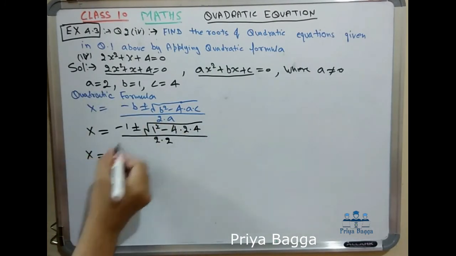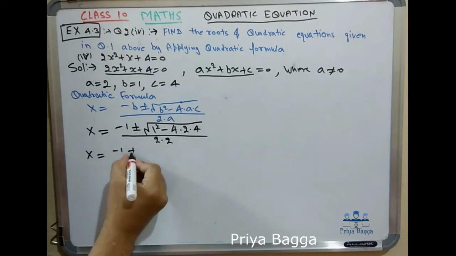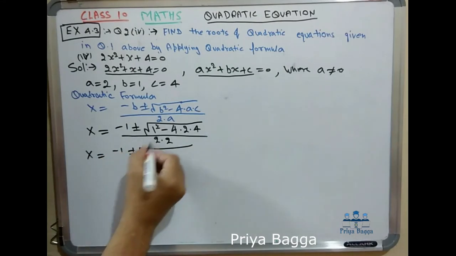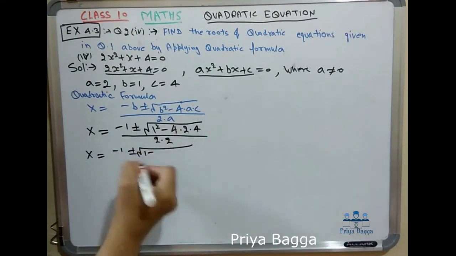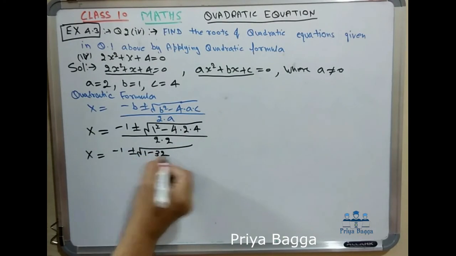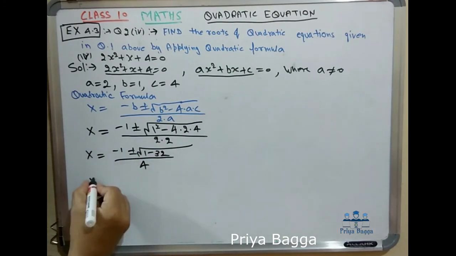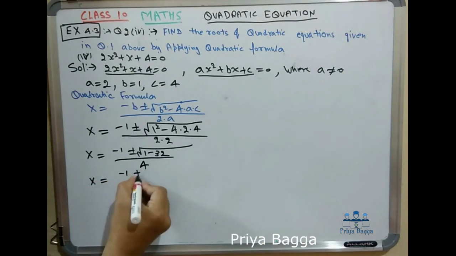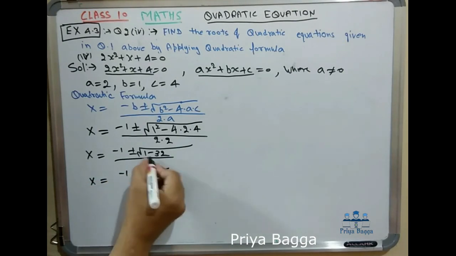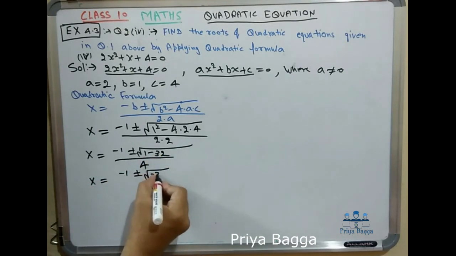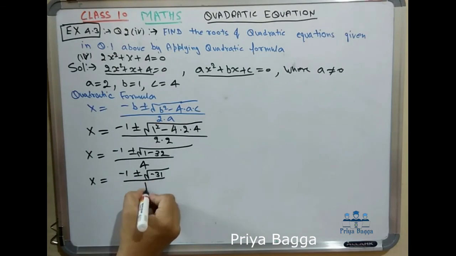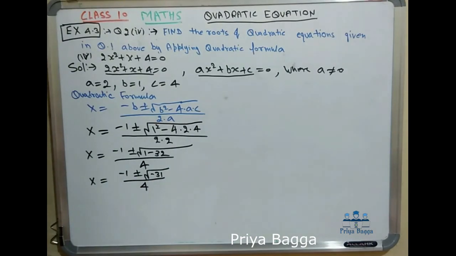So x is equal to minus 1 plus minus square root of 1 minus 4 into 2 is 8, 8 into 4 is 32, divided by 2 into 2 is 4. So x is equal to minus 1 plus minus square root of 1 minus 32, which is minus 31, divided by 4.